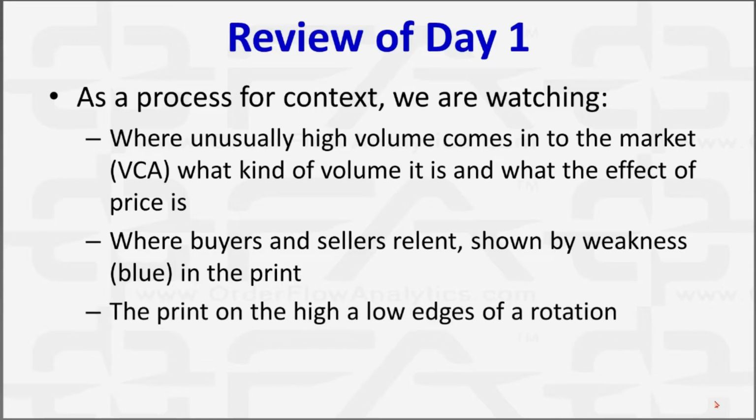We also want to take a look at the print on the high and low edge of a rotation. So if price is in one of those 3-point rotations, it's moving up and down, or 5-point, whatever it might be, we want to look at the edges at the print. At the top, we want to see if there's weakness to the offer, strength back to the bid.